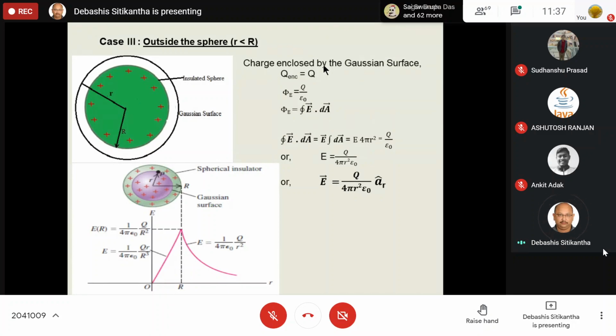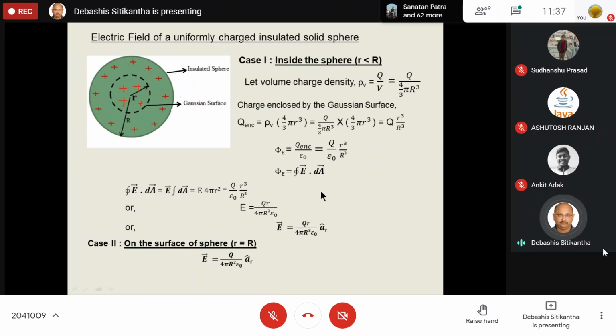Now, please have a look at the relationship between r and the electric field. In the first case, I am changing the value of small r. Capital R is constant, that is the radius of the conducting sphere is always constant.